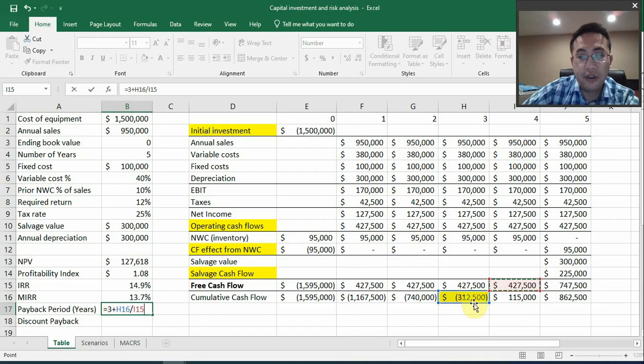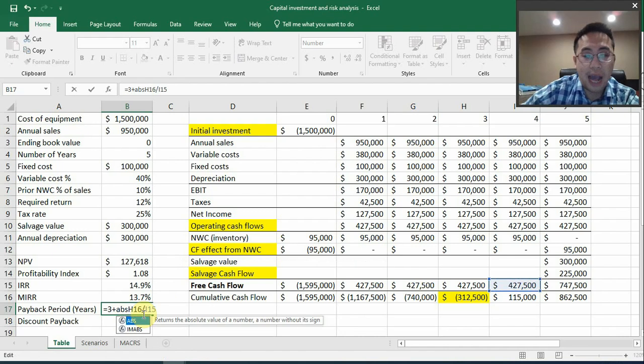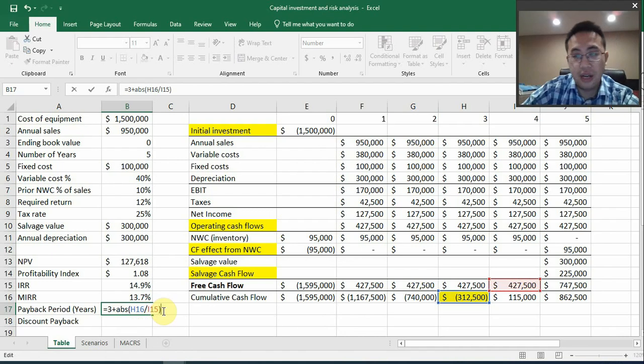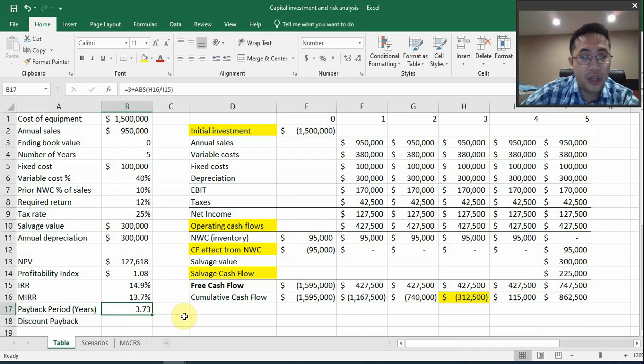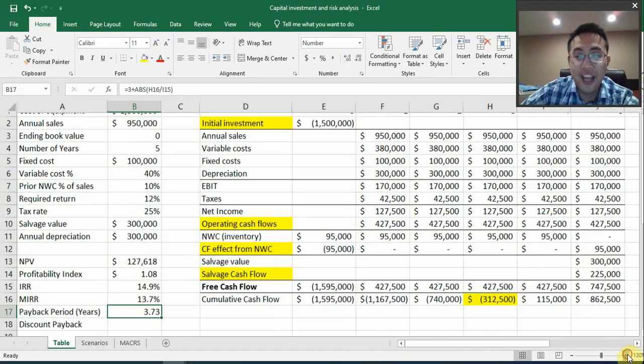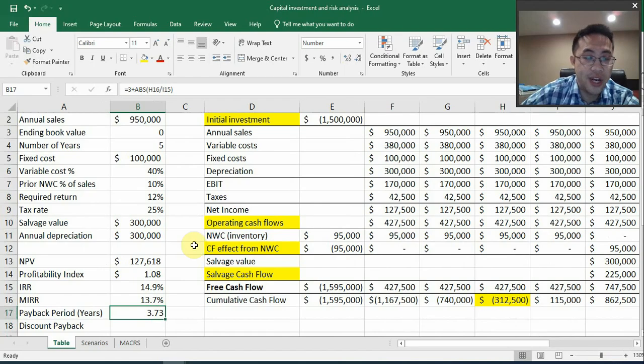And be careful, this number is a negative, so you are going to take the absolute value of the fraction. Otherwise it's going to be a negative ratio. And then the number you get here is 3.73 years. So 3.73 years means that it's going to take 3.73 years to pay back the initial investment of $1.595 million.